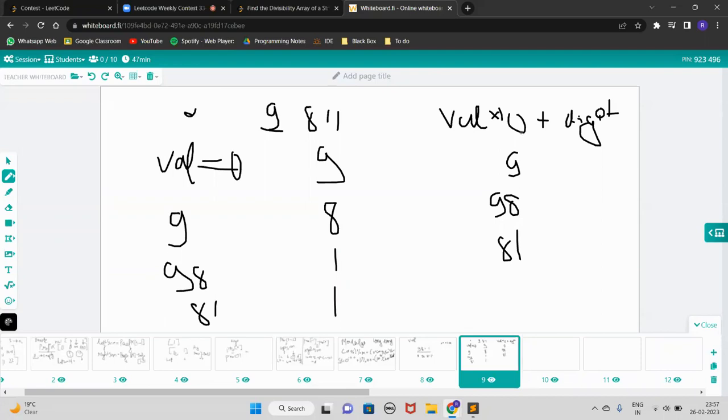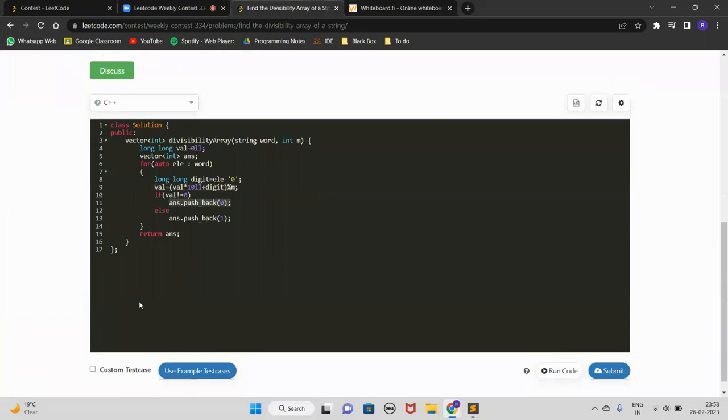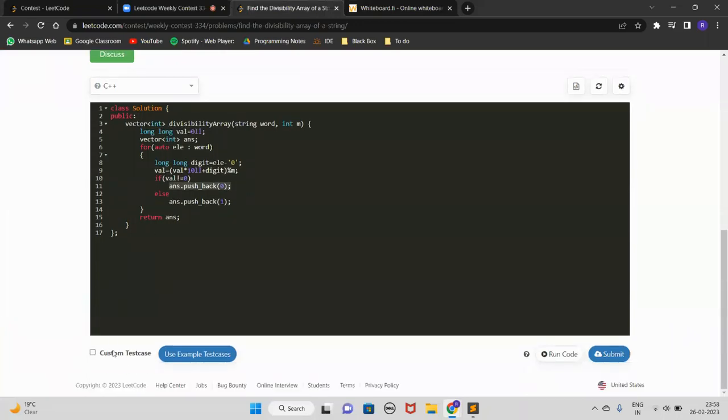Val into 10 would be 810, plus the digit 1, which would be 811, and mod m would give us 11. So this is how we are finding the value of val. Now if val is not equal to 0, then we will push back 0, since we are not divisible by m. Otherwise we will push back 1, and after that we will return the answer.